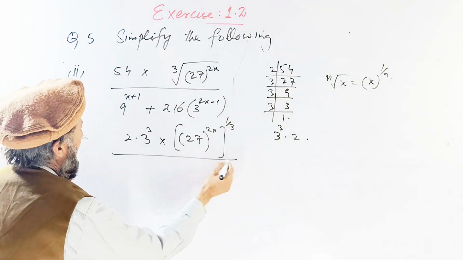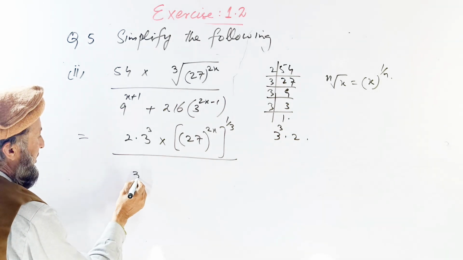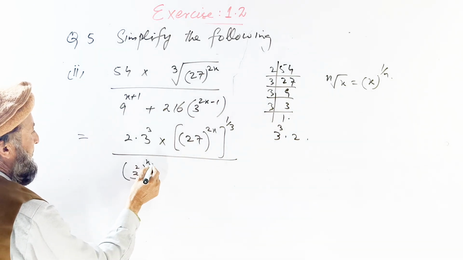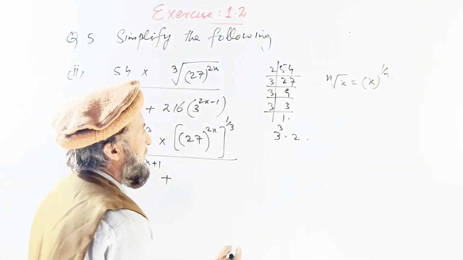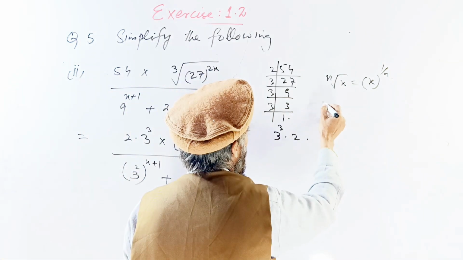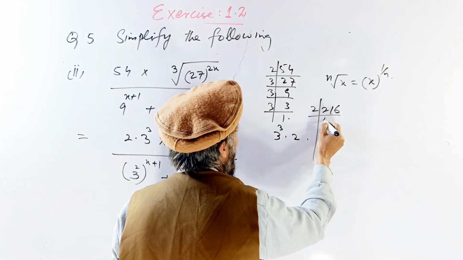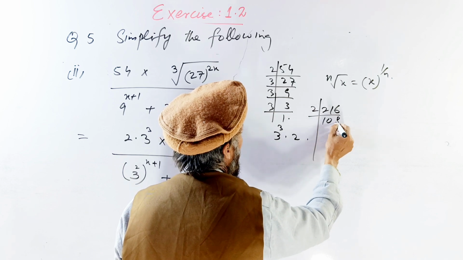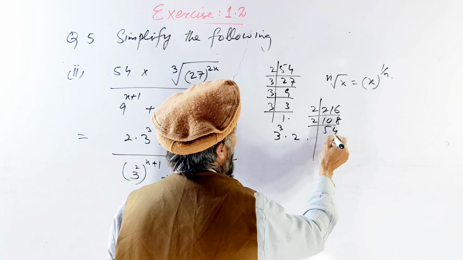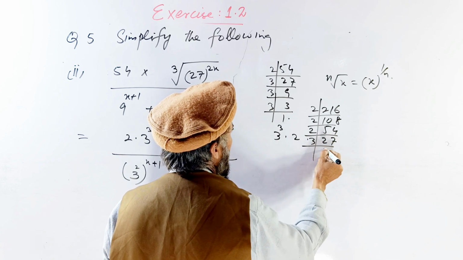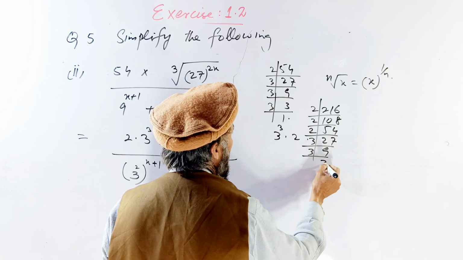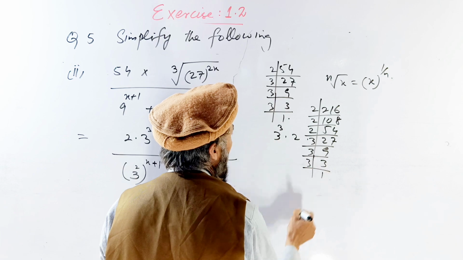Now similarly here we can write 3 square is 9 and x plus 1 plus 216, same we change, divide by 2, so we get here 2 4 and 2 27 and 3 9 3 3 and 3 1.